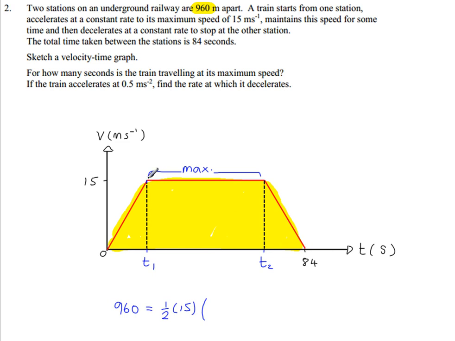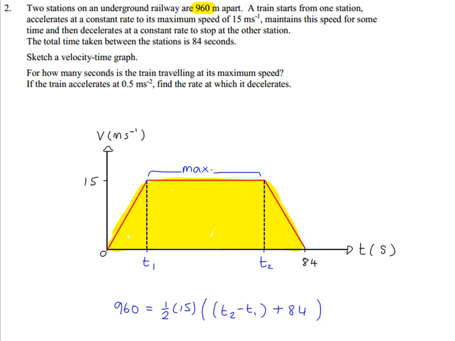So from here to here is T2 minus T1, plus, and from here to here is 84.